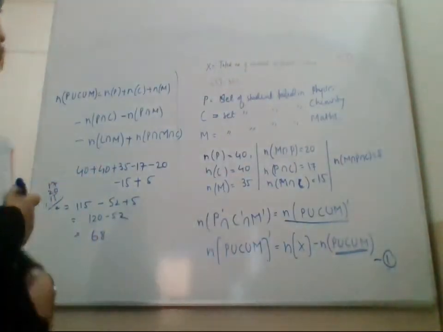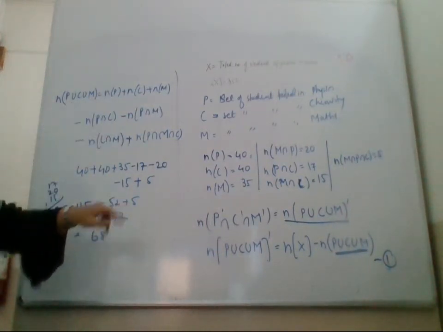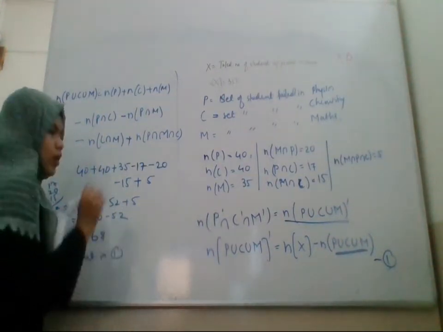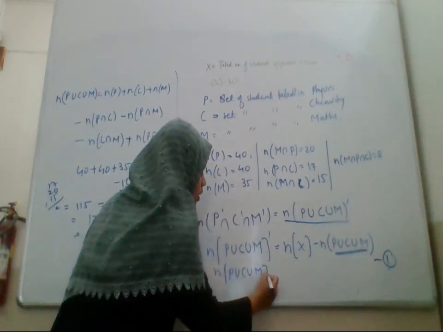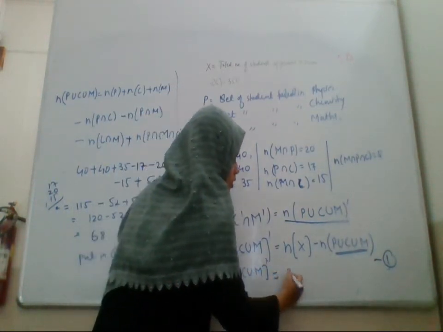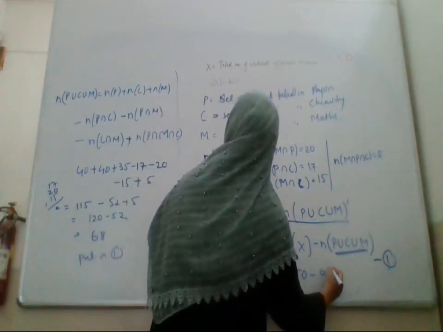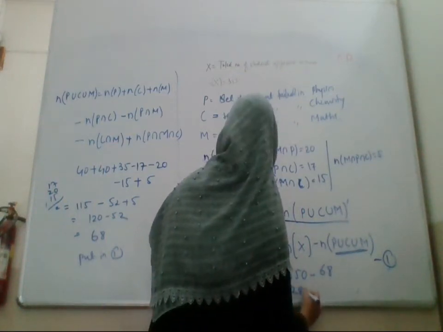Now we will substitute this answer n of P union C union M in formula number 1. So putting in 1, what you will get? n of (P union C union M) whole complement is equal to 350 minus 68. So the answer is equal to 282.